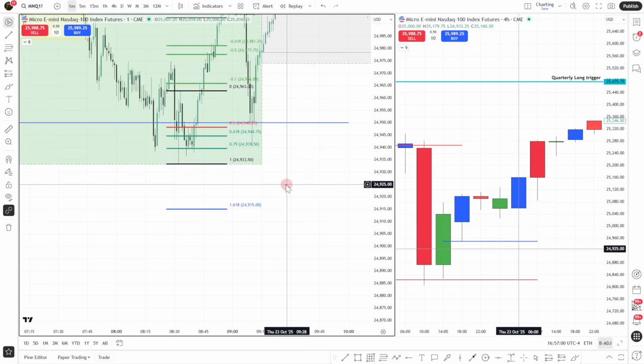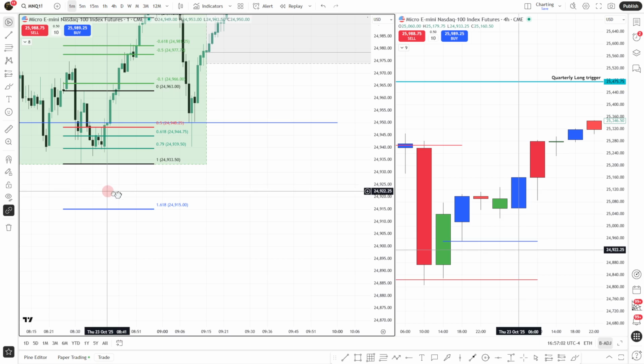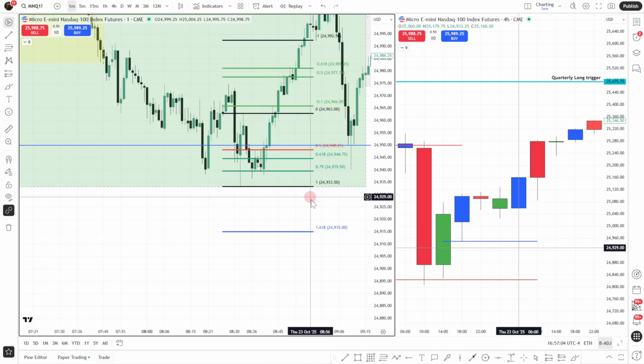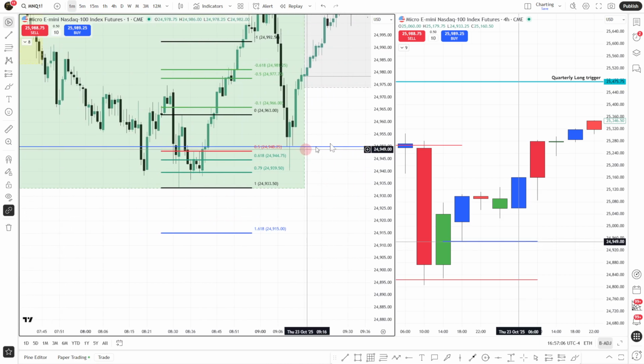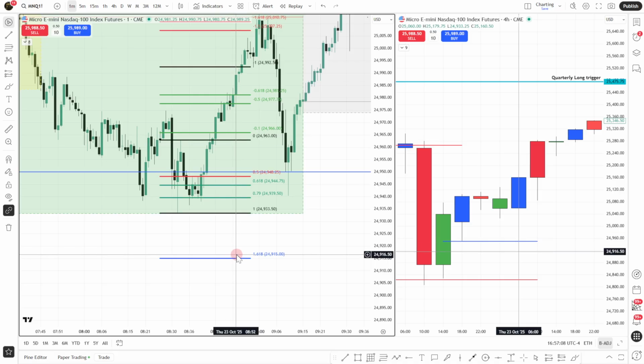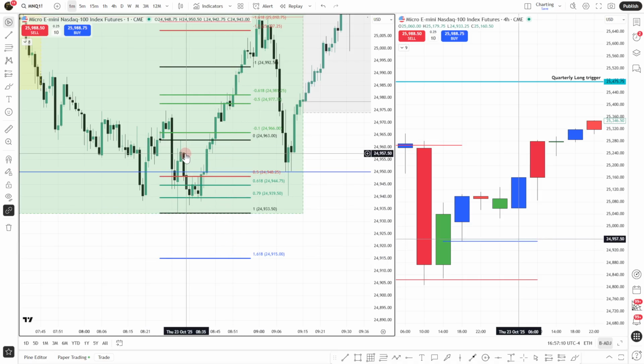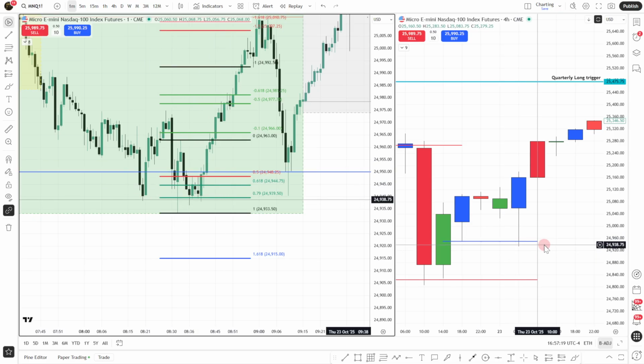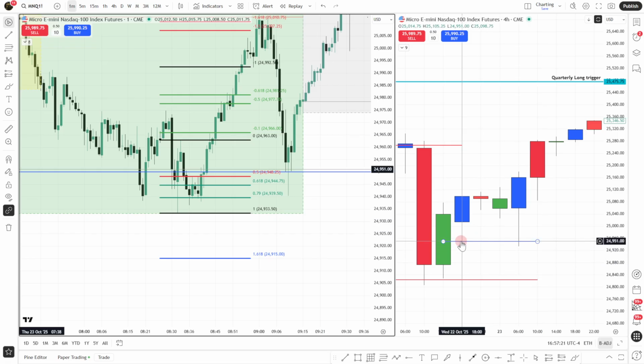So if you're having a hard time figuring out where to enter, use a basic fib. These are 4-hour candles, so that's a major low that's been run.